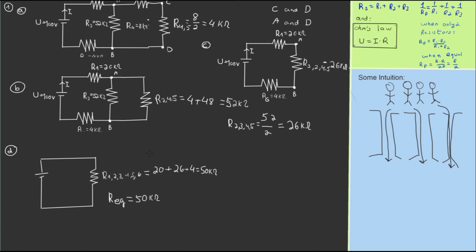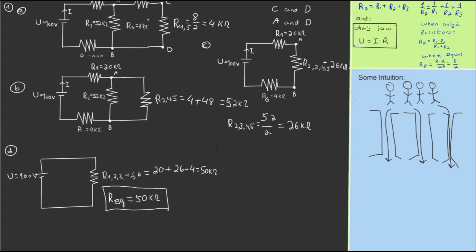Pretty simple circuit. So there we have it. That's the answer that we were looking for. The whole complicated circuit can be represented by a single resistor with the value of 50 kilo ohm. I'll just write this here, so you have a full view of the result.